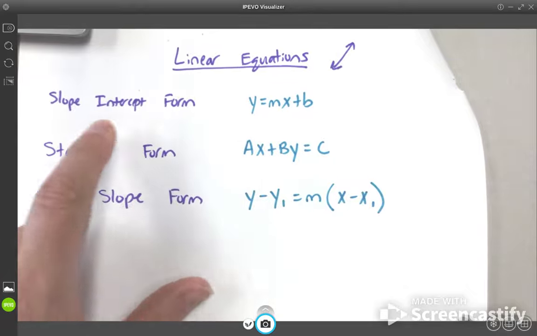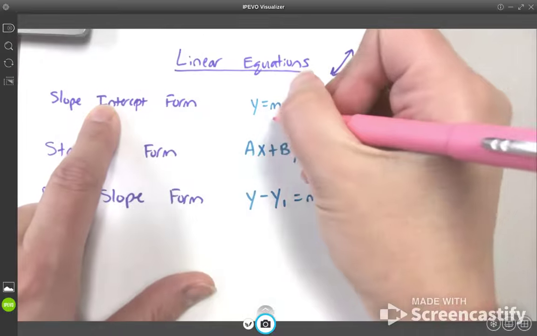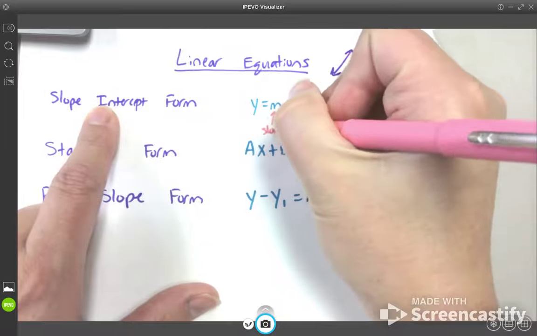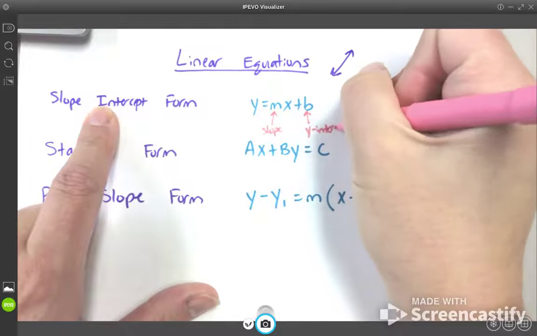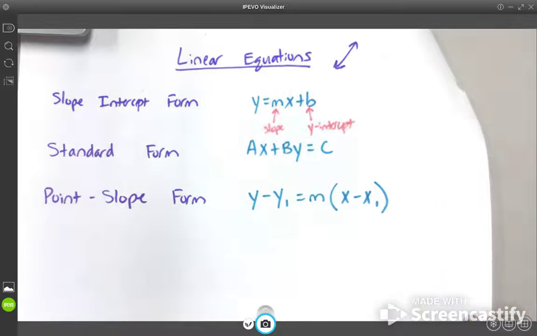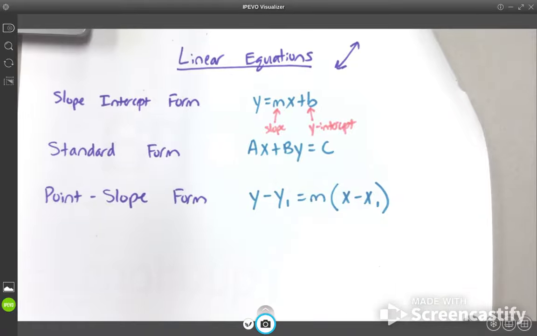We already know that slope-intercept form, the m gives us the slope, the b gives us the y-intercept, or where your line crosses the y-axis. So slope-intercept form gives us those two pieces of information. Standard form, these A, B, and C letters just represent some numbers, positive or negative.